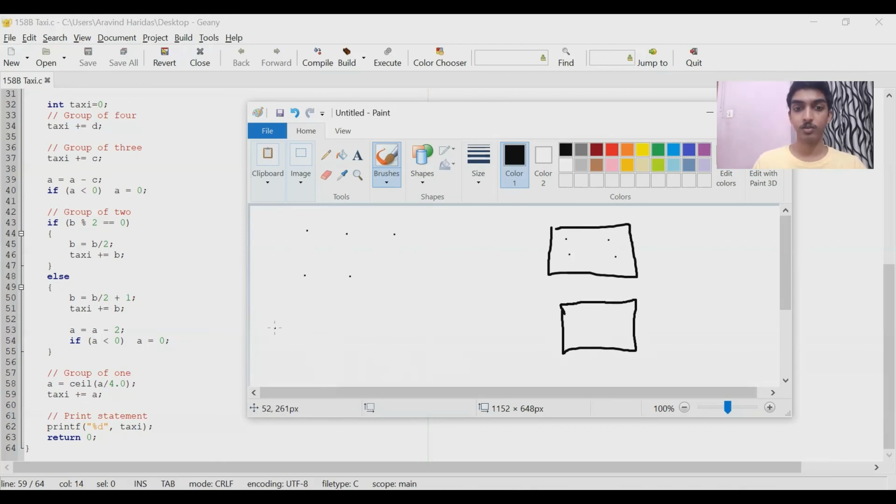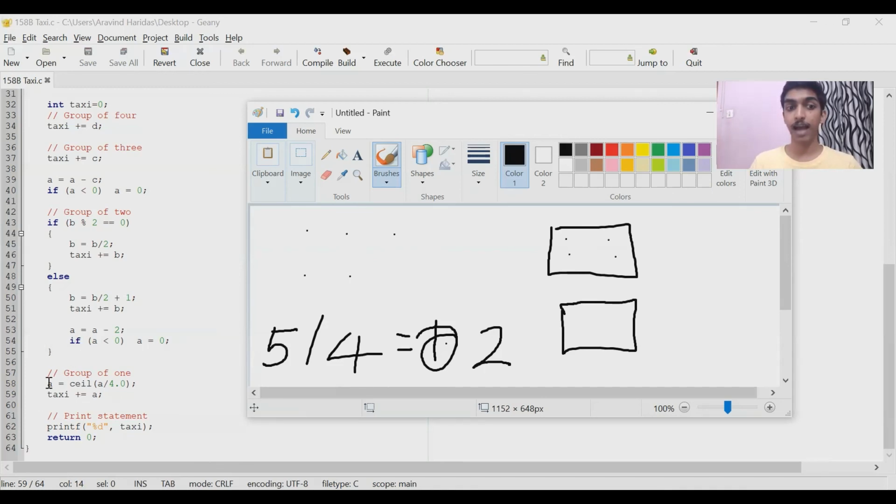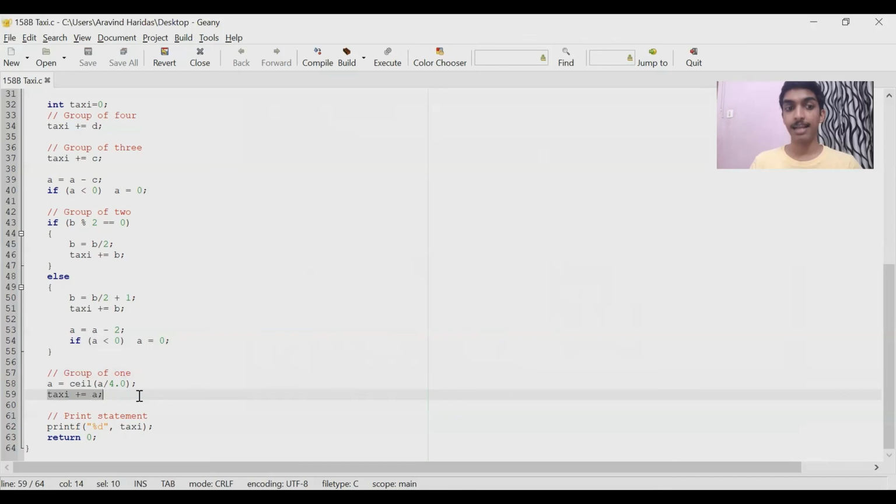So 5 divided by 4 is 1.25. You take the ceiling of that and you get 2. That gives the number of taxis for single people, and you add it to the total number of taxis. Then you get the total number of taxis required, and you print it out and you get the result. That's it.